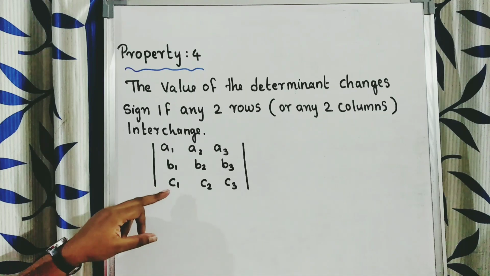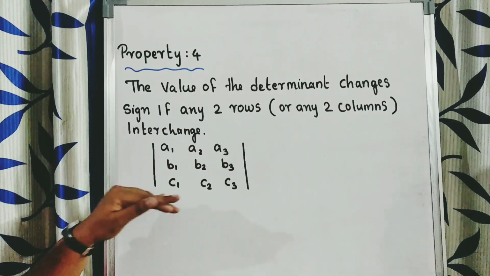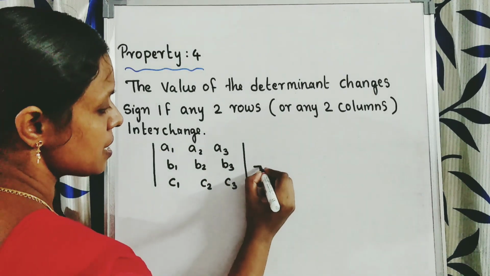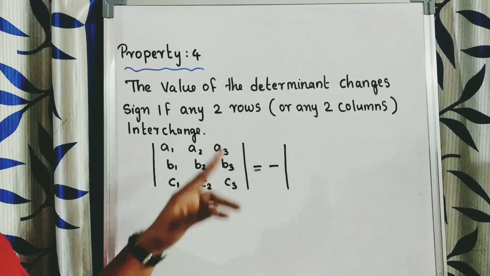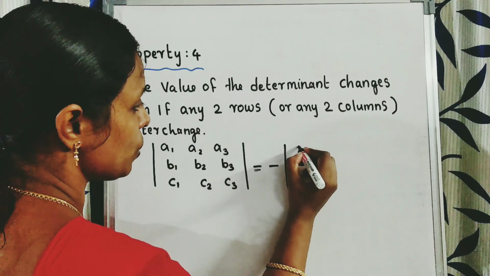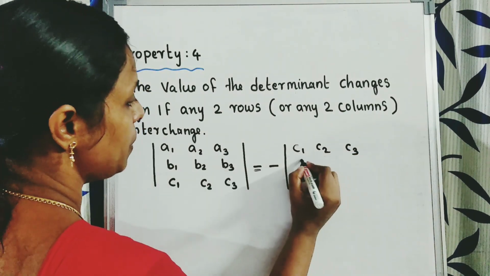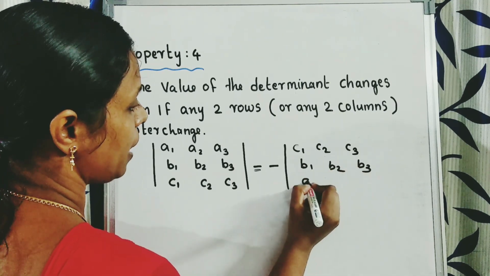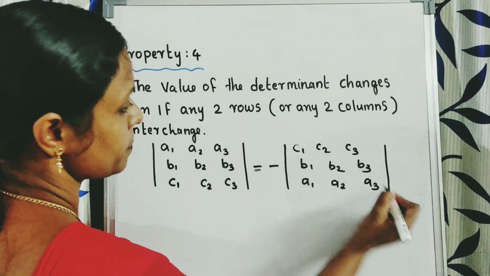Here we interchange the first row and third row. If we interchange two rows or two columns, then we take a negative outside. Then the first row is C1, C2, C3, then B1, B2, B3, then A1, A2, A3.